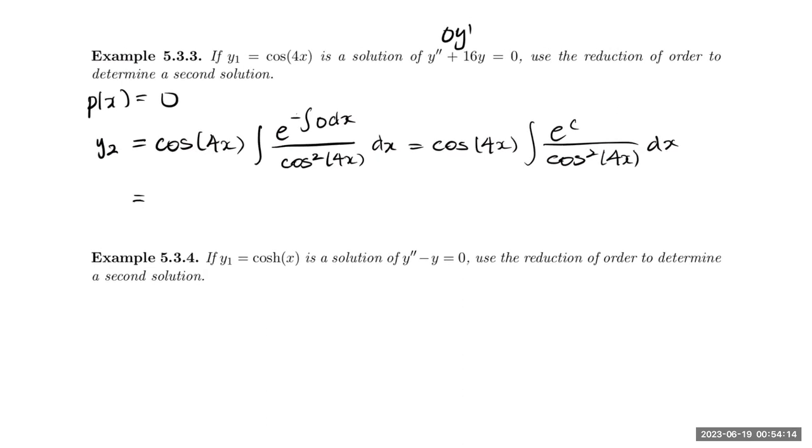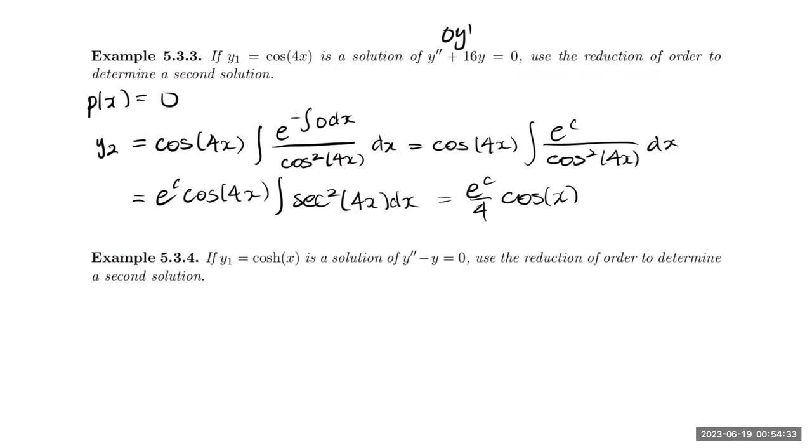So what I have is e to the power c cos 4x times the integral of secant squared 4x. And this one, we should know what this integral is. It's e to the power c divided by 4 cos of 4x. So I brought out the constant. And this is going to be tan of 4x.